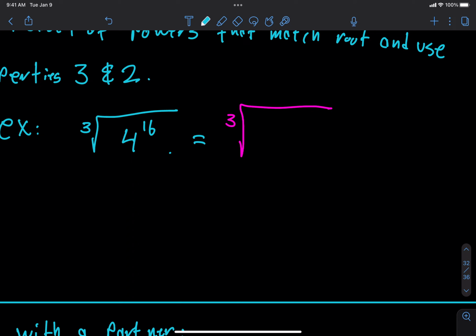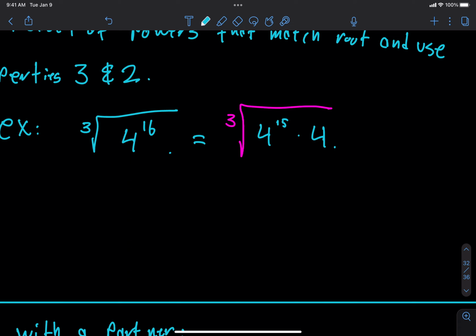So what can I do here? I can take out however many times I can evenly divide 3 into 16. So for example, I could rewrite this as the cube root of 4 to the 15 times 4. Hopefully you agree with me there.